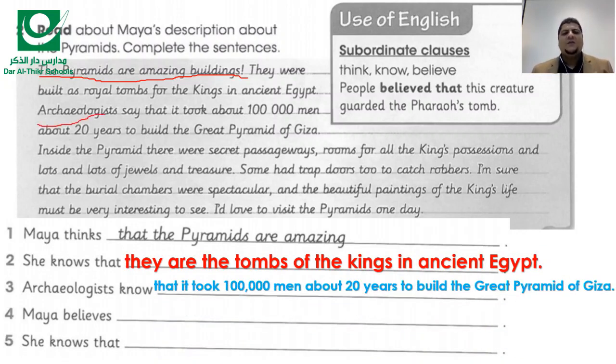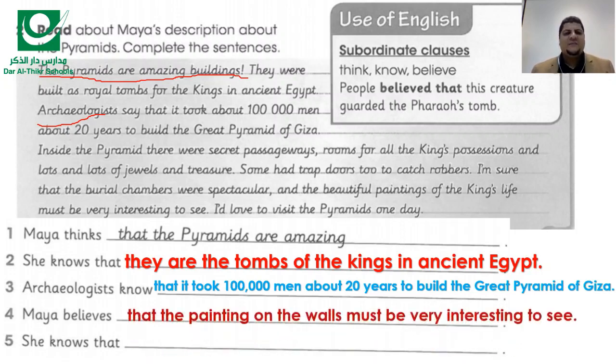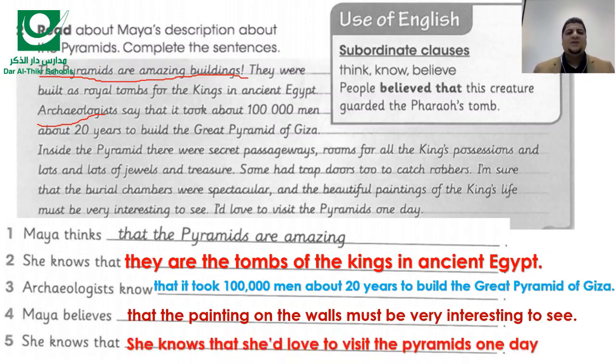So they know that it took hundreds of men about 20 years to build the great pyramid of Giza. Let's go to 4. Maya believes that the paintings on the walls must be very interesting to see. You should now answer the last one and check the answer here. She knows that she would love to visit the pyramids one day.